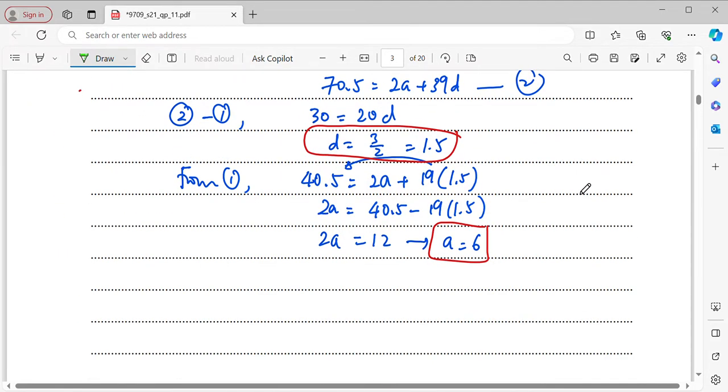So now T60 equals a plus 59d. Then replace a by 6 and d by 1.5. At last you will be getting 94.5. So that is our 60th term.